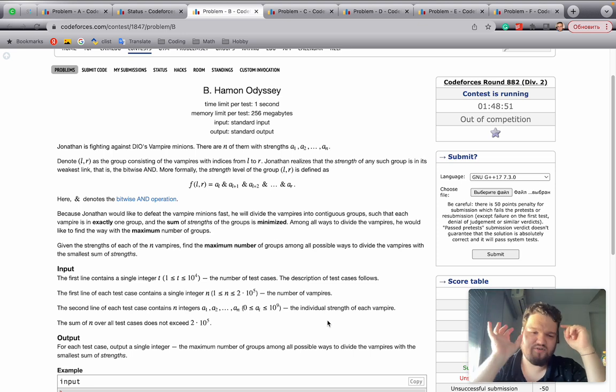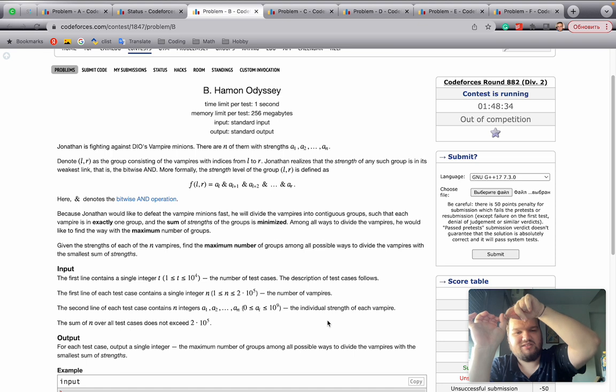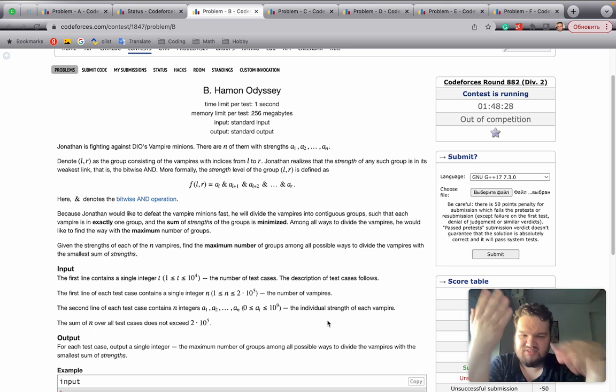Consider the first segment. It will be some prefix in the optimal answer. What if we can make it shorter, but still having the AND be 0? Well, that's good. The elements that we removed we can add to the next segment, and its AND can only decrease, but it is already 0, so it will just stay 0.